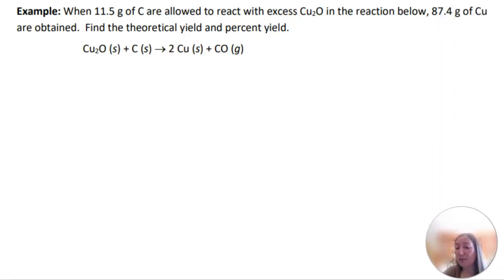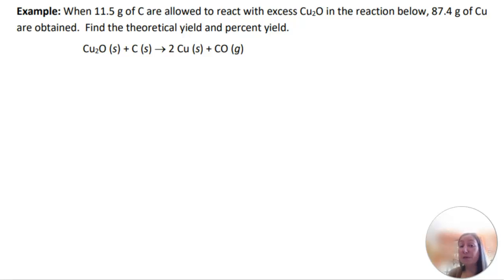This first example problem says when 11.5 grams of carbon are allowed to react with excess Cu2O, so this would be copper 1 oxide, in the reaction below, 87.4 grams of copper are obtained. Find the theoretical yield and the percent yield.